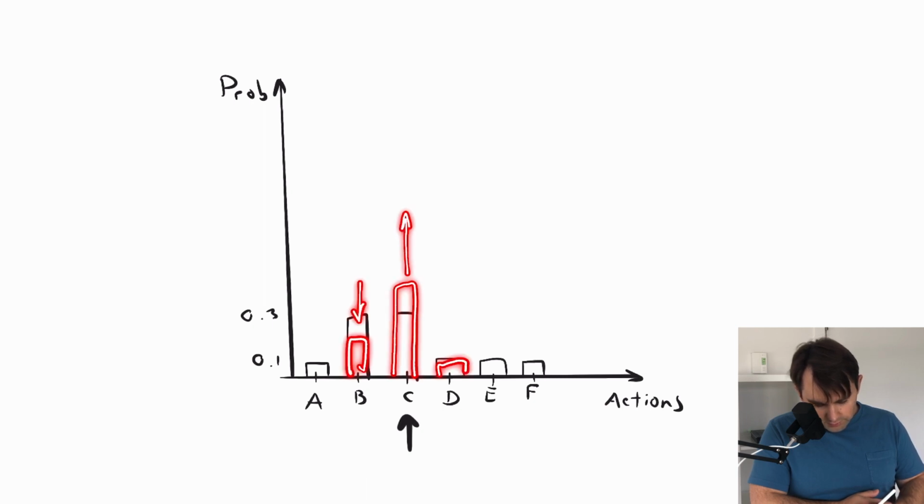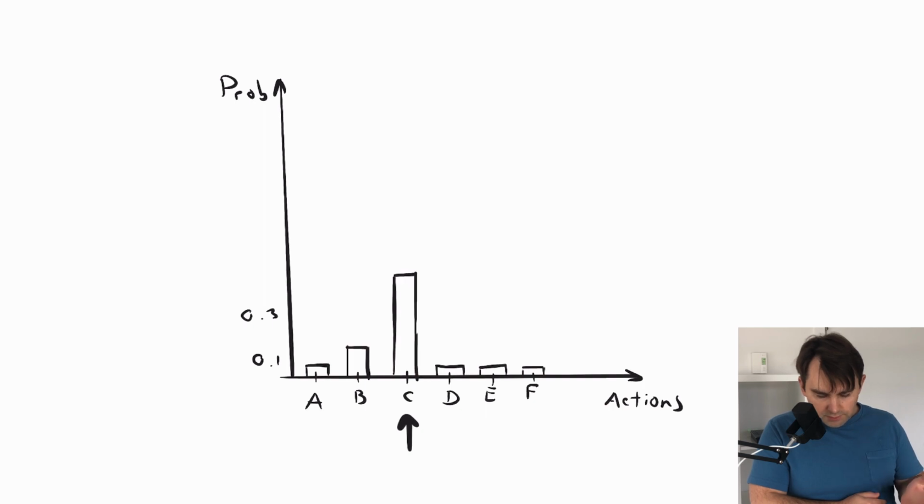And so the result is, this was our previous distribution, and this is our new distribution. Here you can see that this action C now has higher probability. So we pushed that up and brought all the other ones down.